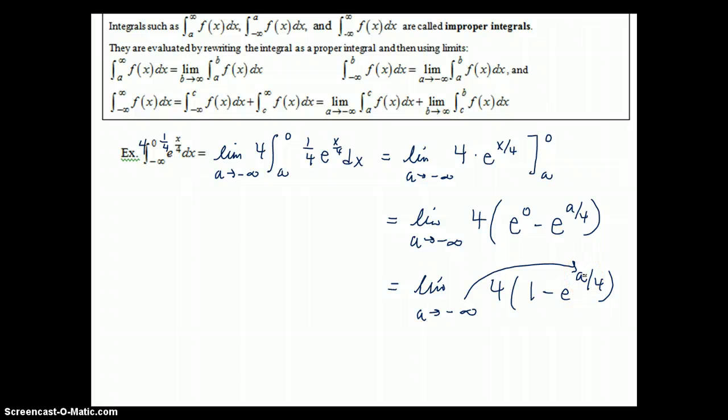Very, very large negative numbers divided by 4 are still very, very large negative numbers, and if we raise e to a very large negative number, that pretty much is going to go to 0. And so we end up with 4 as our limit. That means that this improper integral converges, and in fact converges to 4.